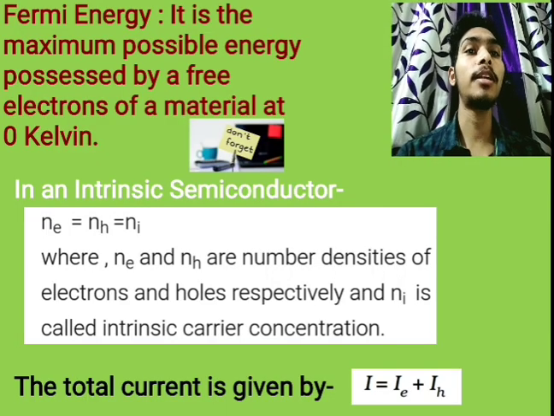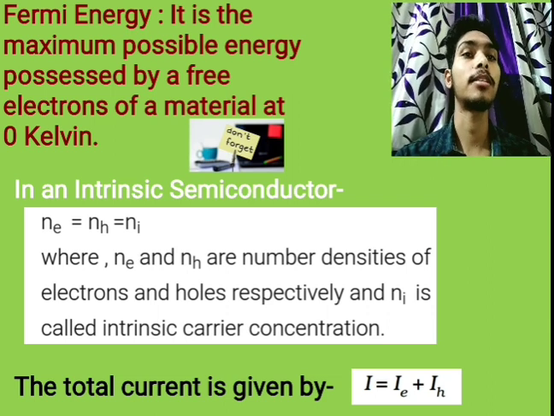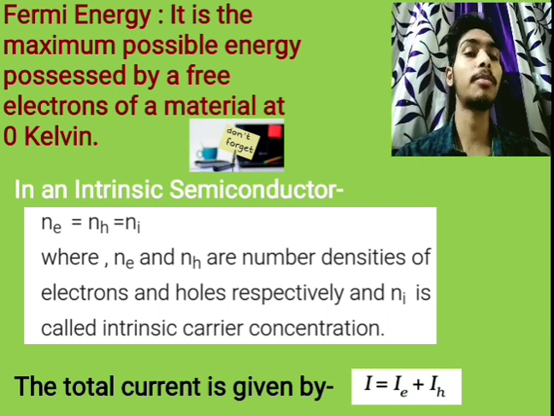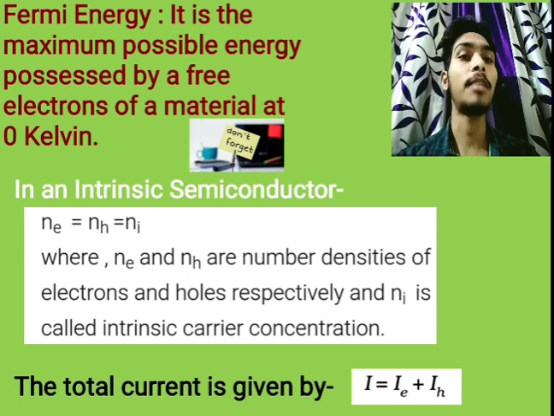So before moving to that, let's discuss what the Fermi energy level, or simply Fermi energy, is. Fermi energy is the maximum possible energy possessed by a free electron of a material at 0 Kelvin. That means the energy a free electron has at 0 Kelvin temperature is called the Fermi energy.